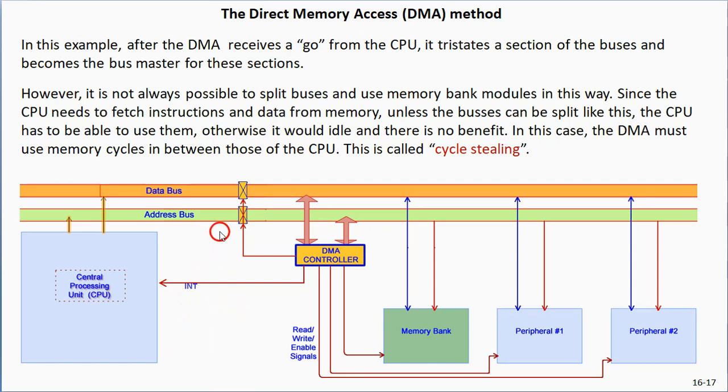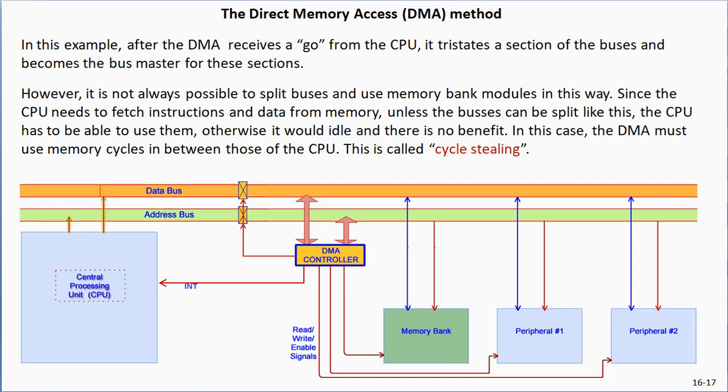So unless you can do this trick, the DMA controller has to be able to access the memory in between the times that the CPU is trying to access it. Therefore, the DMA controller would be stealing cycles, memory cycles, from the CPU. This is what is referred to as cycle stealing with respect to the DMA method.